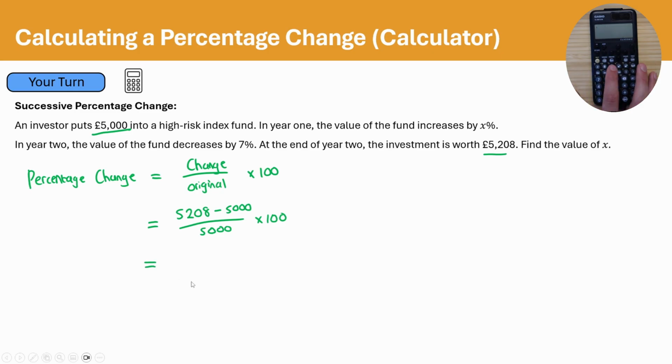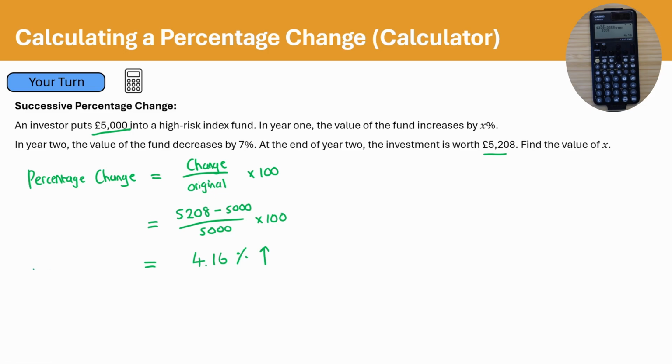So I'll type that in my calculator. 5208 subtract 5,000, divided by 5,000, multiplied by 100. And it gives me this answer, a 4.16% increase. And the reason I know it's an increase is because we went from 5,000 up to 5,208.